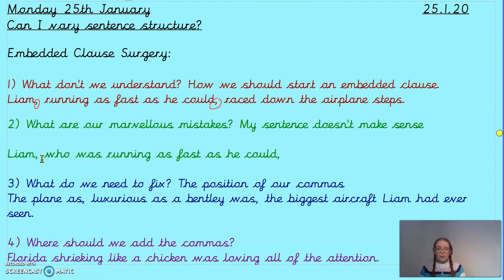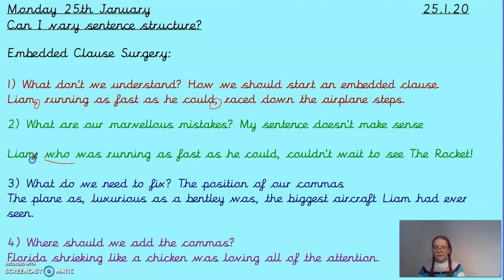So Liam, who was running as fast as he could, couldn't wait to see the rocket. Liam, comma, who was running as fast as he could, couldn't wait to see the rocket. And we've got that who here as our relative, and we've got our commas on either side.